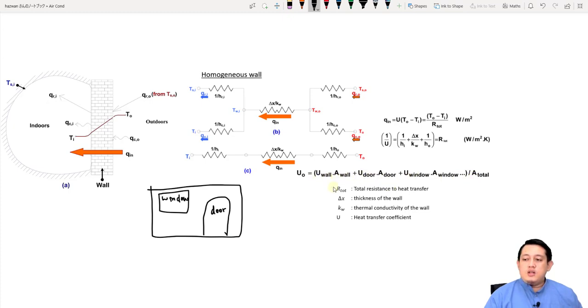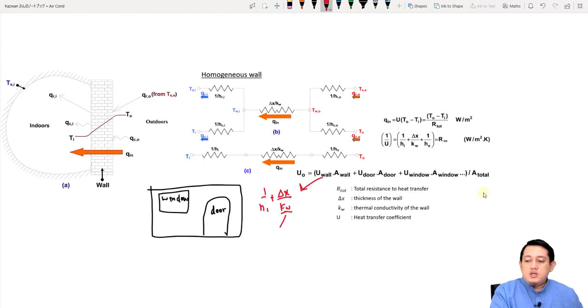So U wall. What is U wall? Let's change the color. U wall here will be 1 over Hi plus delta X, the thickness of the wall, over K wall.